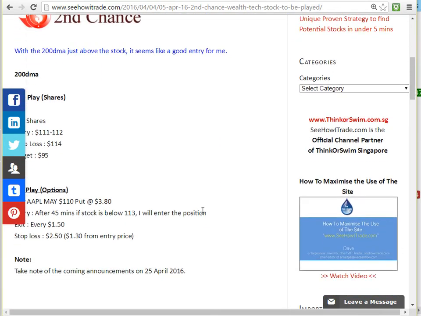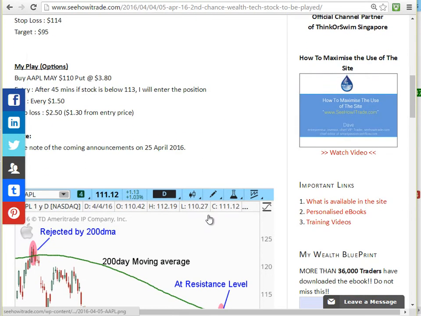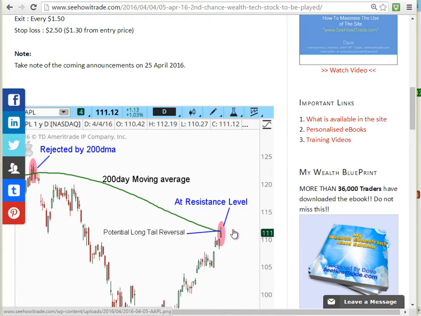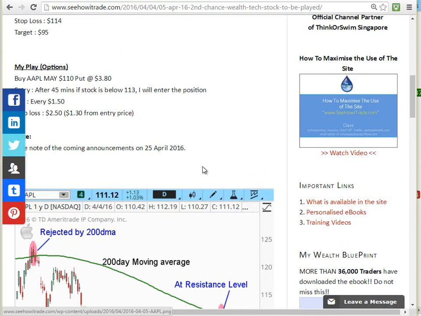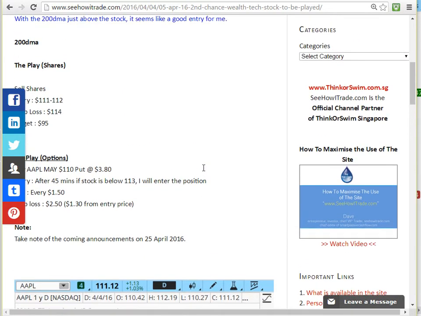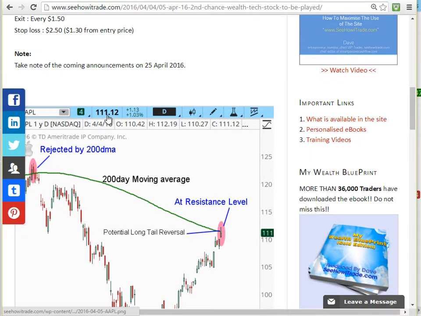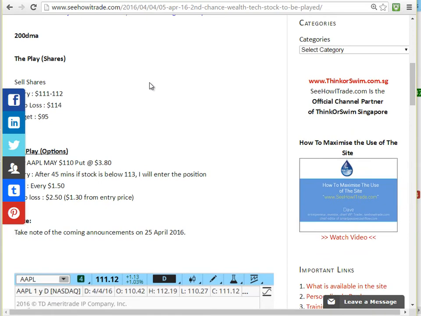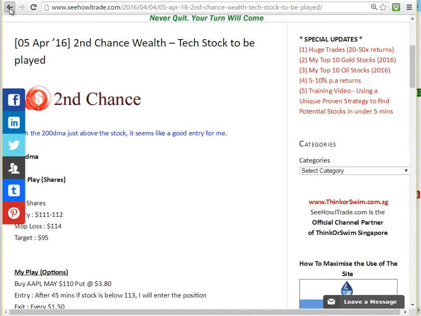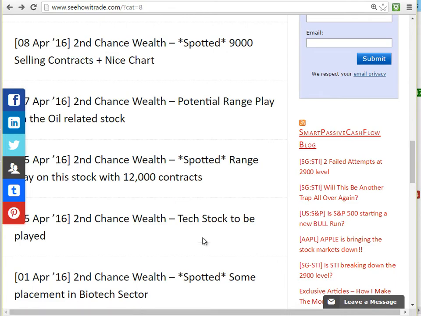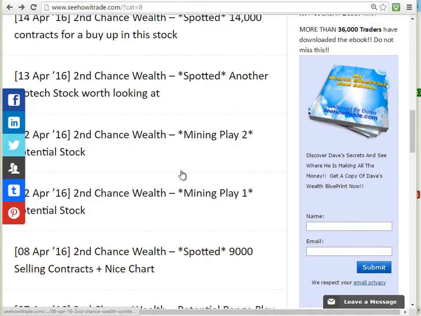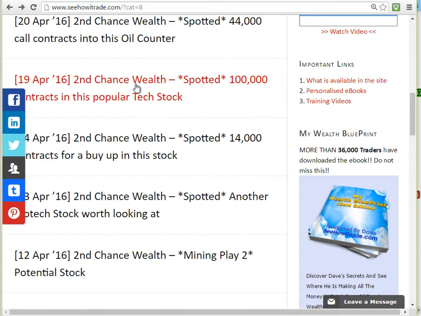As you can see over here, I placed the entry on the 5th of April, and the stock is at about $111. The second entry I placed would be on the 19th of April. Let's take a quick look at what happened on that day.